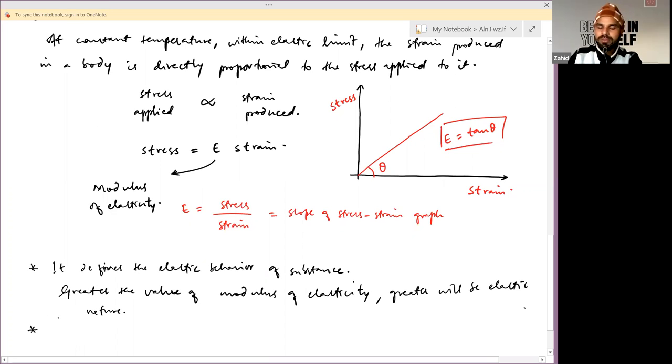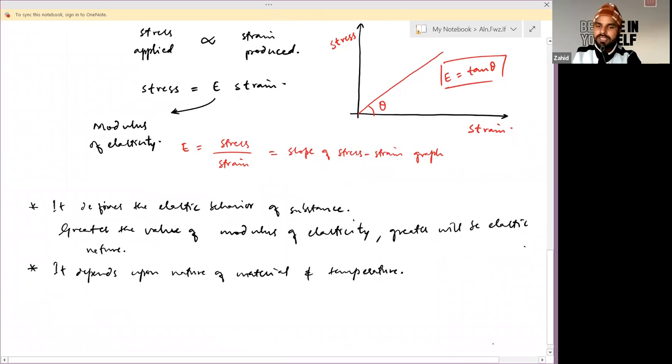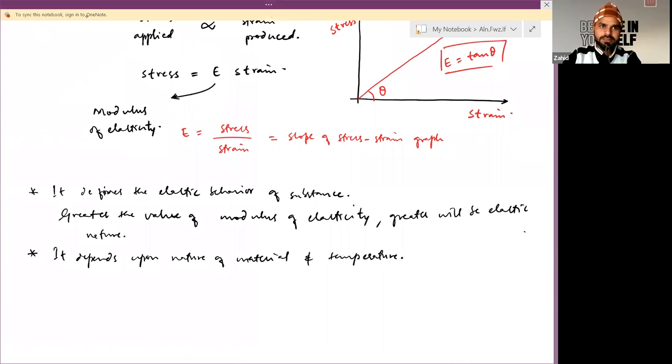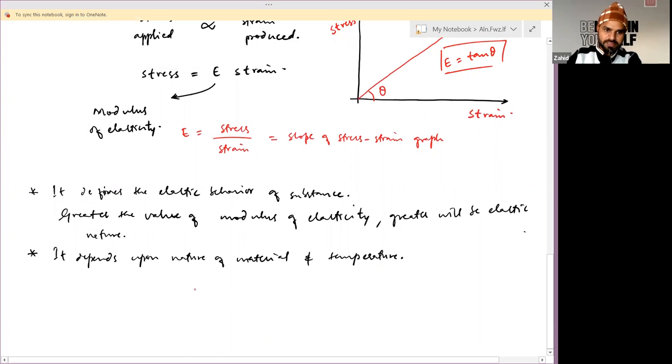Next, it depends upon two factors. First is temperature and next is nature of material. I just explained, if you raise the temperature of the substance, the intermolecular force between particles will decrease, so the elasticity of that substance decreases.